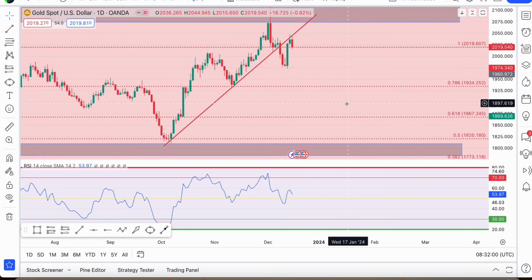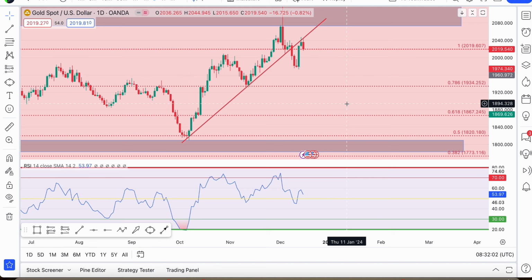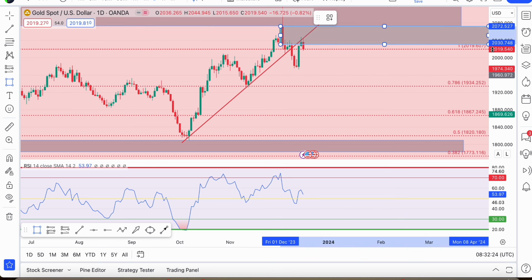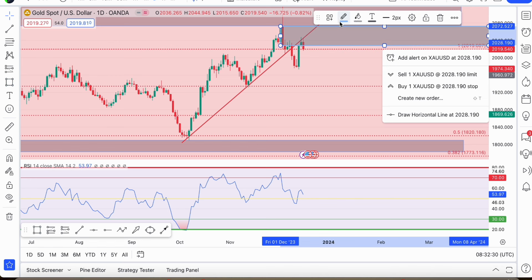I do have another analysis that I do, which is the engulfing candle. The engulfing candle approach here is that the body of this candle actually engulfed this completely. I'm combining analysis for next week. What we should potentially look out for is that if I place this box here, I have my rules for trading engulfing candles.